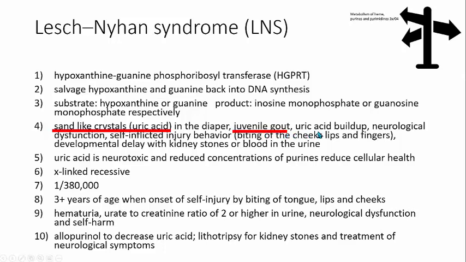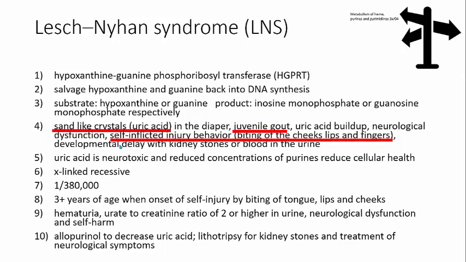By the time they are a few years old, it will be very clear that they are having gout syndromes with uric acid buildup. But what really brings us to diagnose this disease is typically not early in life when we can see these sand-like crystals or this juvenile gout, but the fact that when they get about 3 to 4 or 5 years old, they begin to self-inflict injury upon themselves.